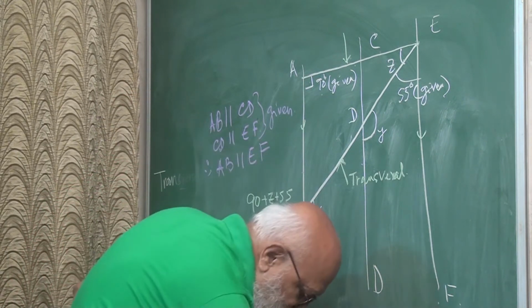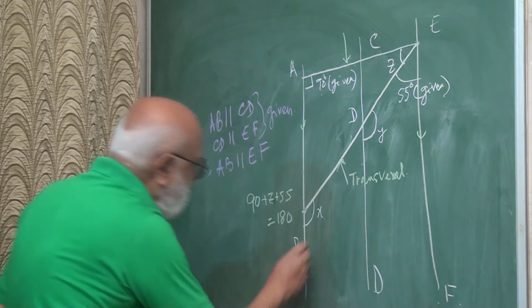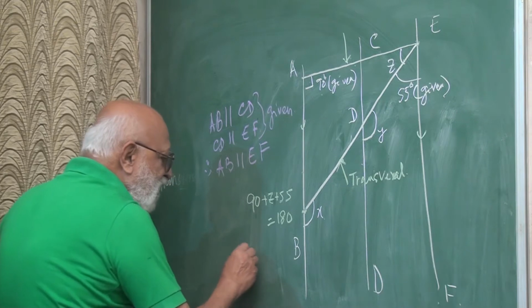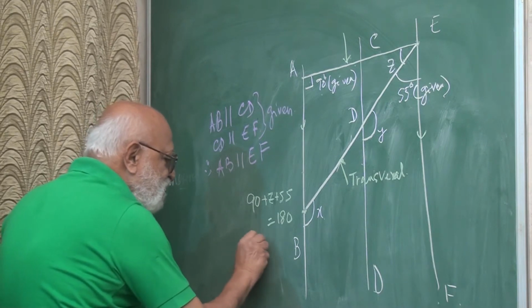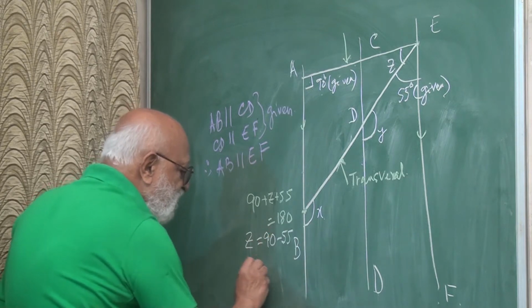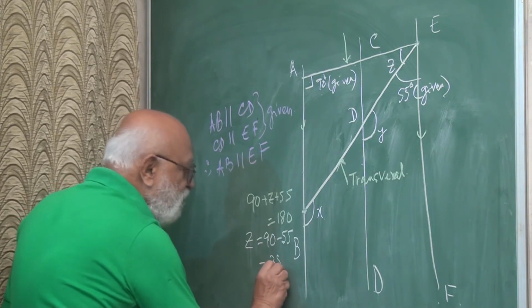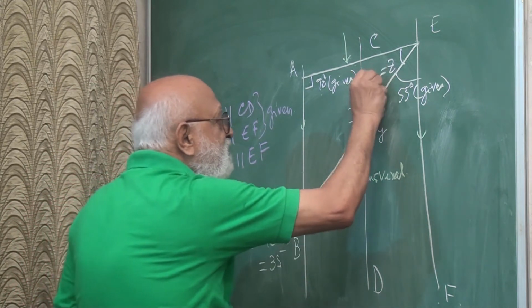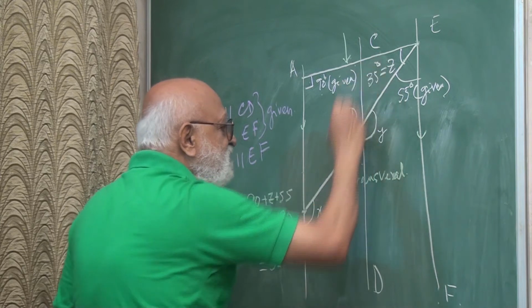So Z is equal to 90 minus 55, that will be equal to 35. So you got the value of Z. I can write down the value of Z is 35 degrees.